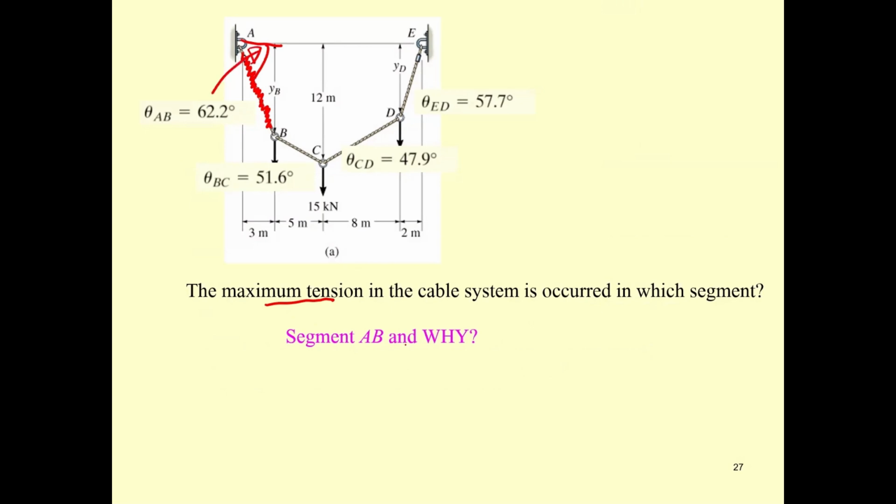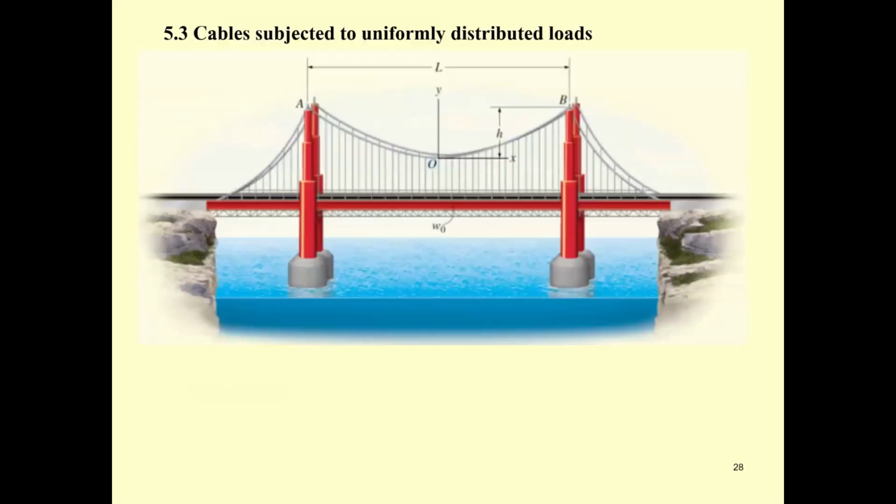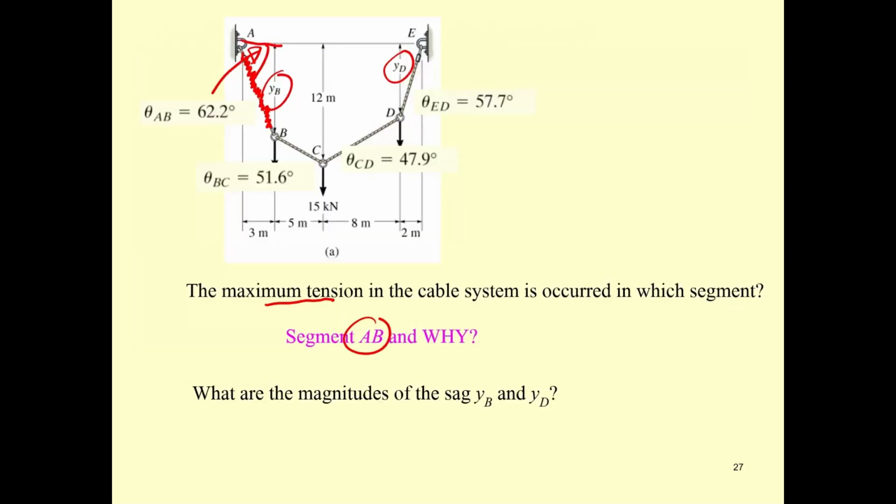It is going to occur on the segment AB since it has the higher slope. And then how to determine the size? You can look at it the same as before. And that's the end of the cable subjected to the point load.